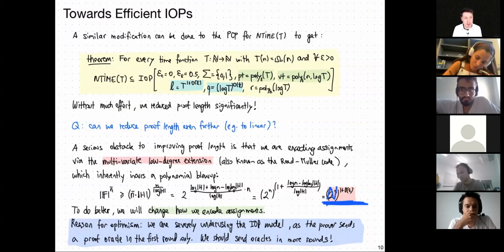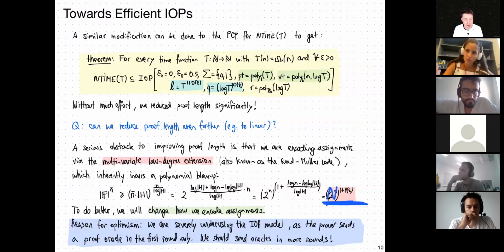What we will have to design are ways to encode computation into univariate polynomials so that we can reduce it to low-degree testing of univariate polynomials. So we'll have to develop things like a univariate sum check, for example, something that will help us replace the multivariate sum check in other constructions.